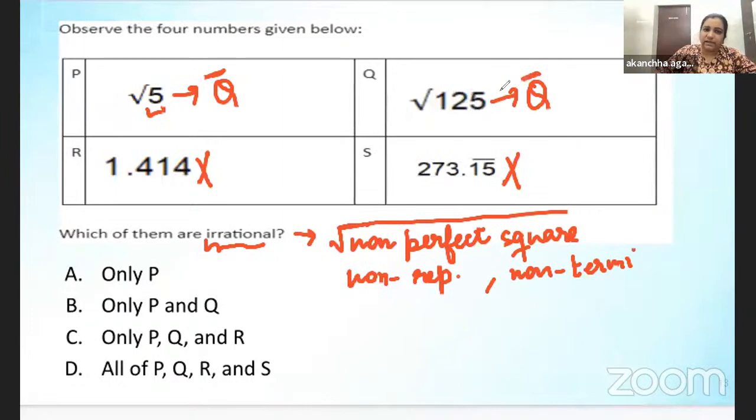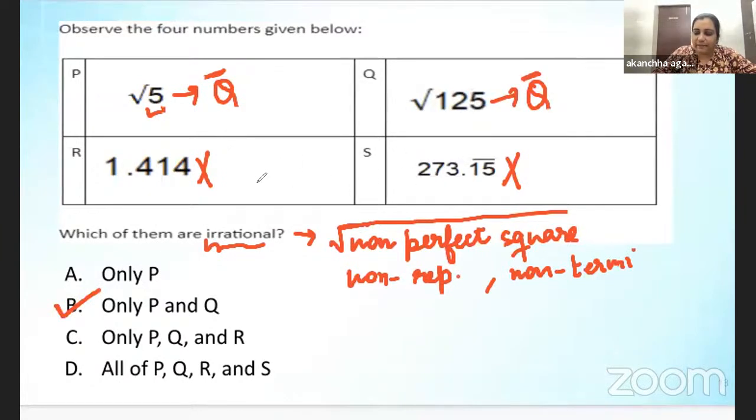So can you say which is the correct answer? It is option B. Because inside the root signs we have non-perfect squares, and hence these numbers when solved will give us decimals which do not repeat and do not terminate.